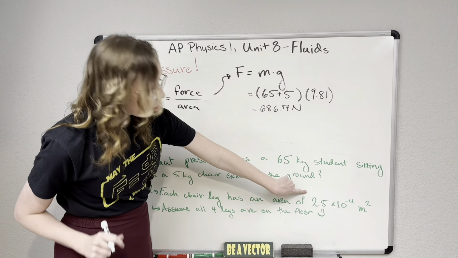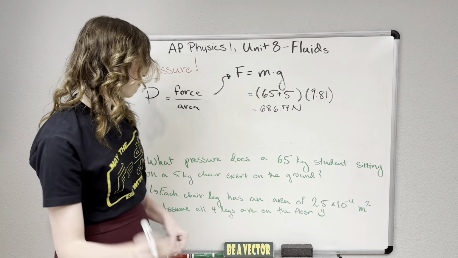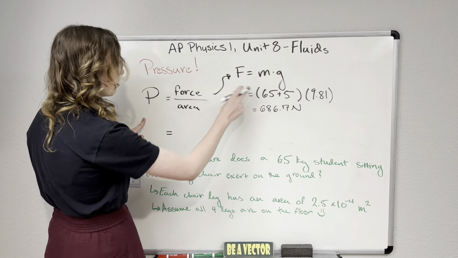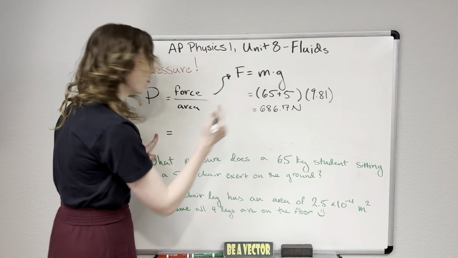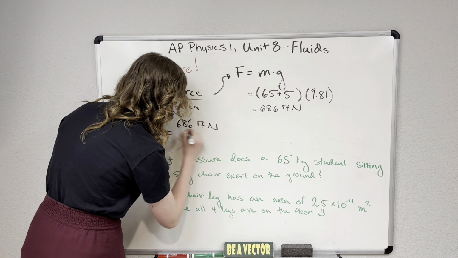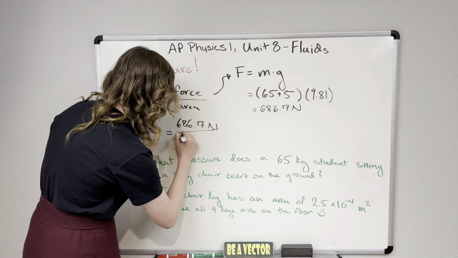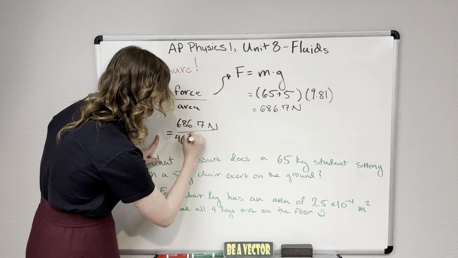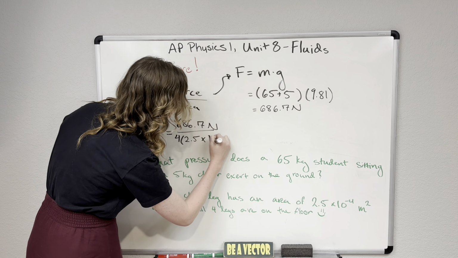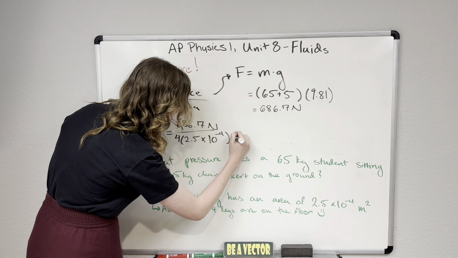Then we have, this is our area of each chair leg, and we have 4 of them. So if we want to calculate our pressure, we do our force divided by our area. Our force is just 686.7 newtons. Our area is just our 4 chair legs that each have an area of 2.5 times 10 to the negative 4th meters squared.